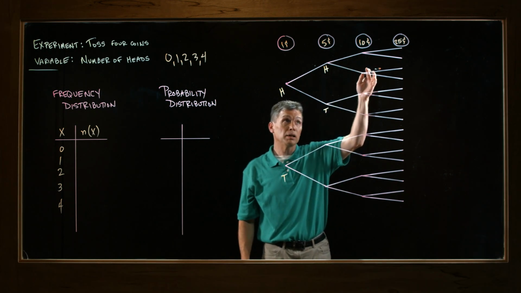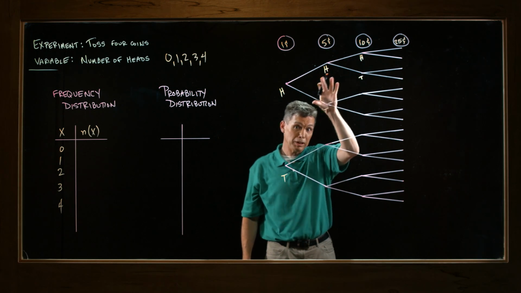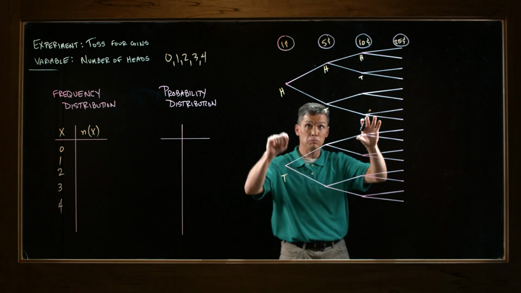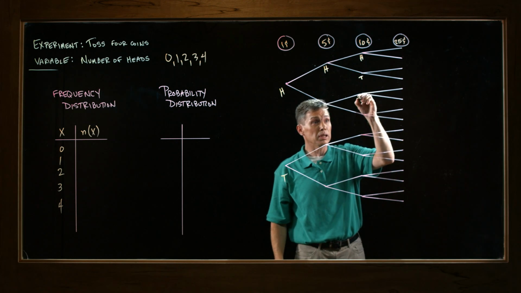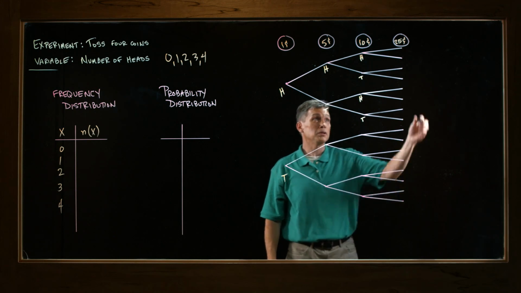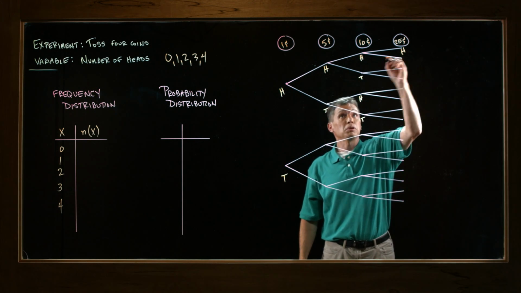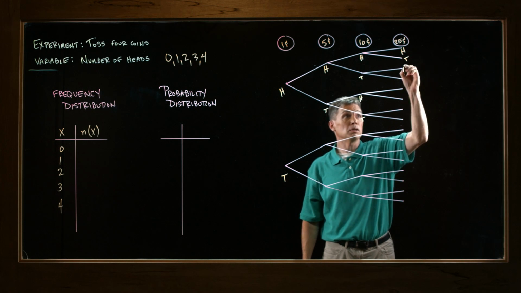Then I toss the dime, and that could be a head or a tail. My diagram branches out, because if the penny were a head and the nickel were a tail, I still want to account for the dime being either a head or a tail. Then I toss the quarter, and in each of those possibilities up to this point, the quarter could be either a head or a tail.